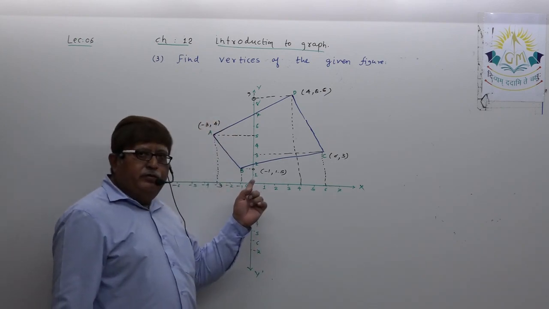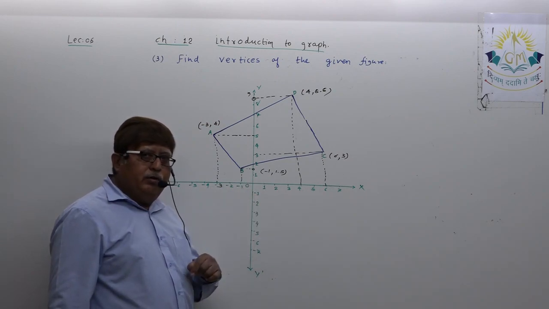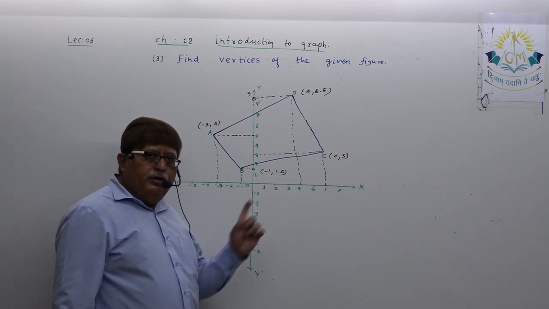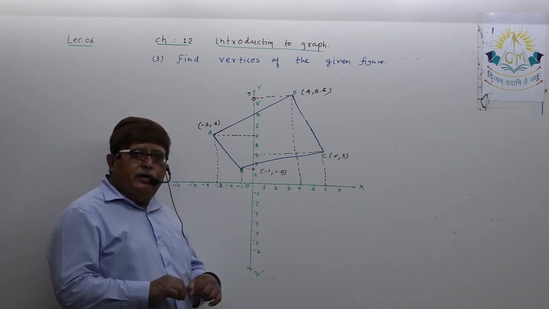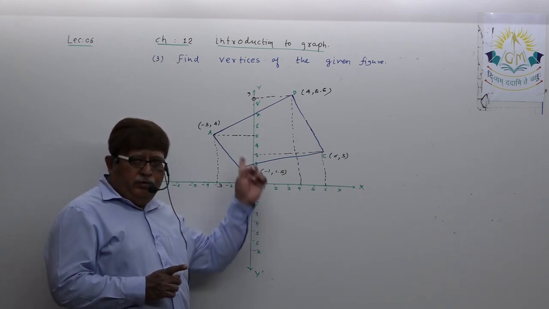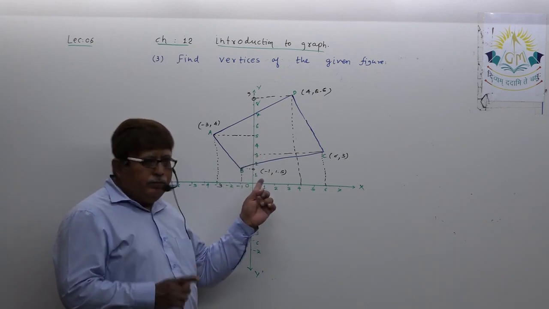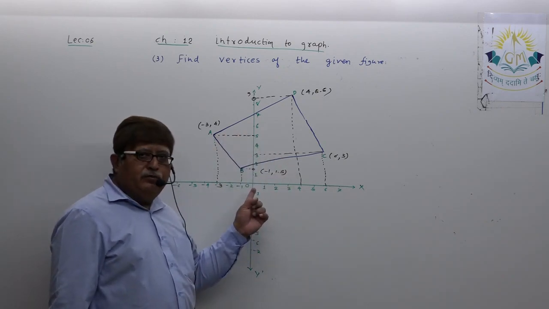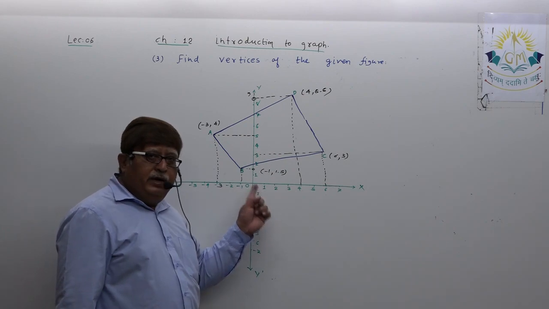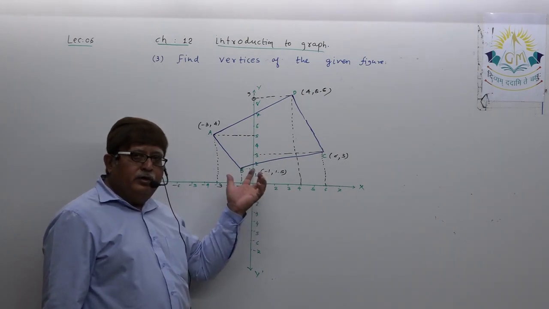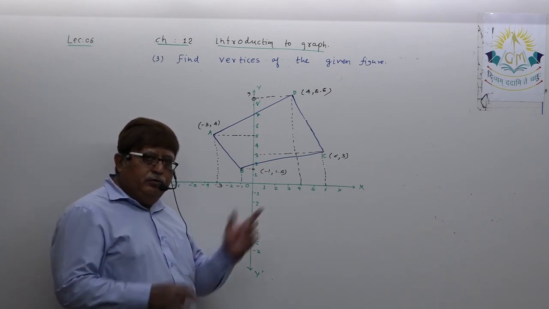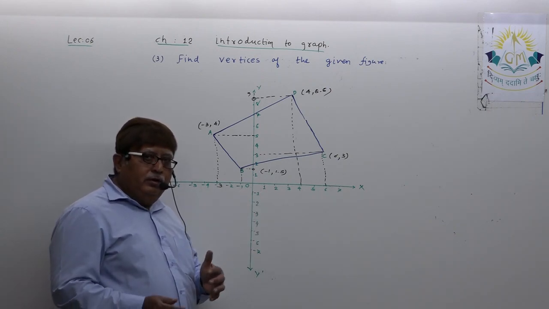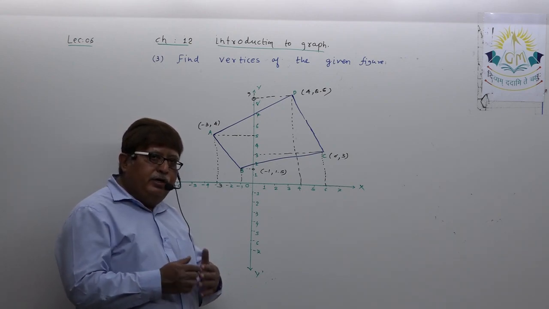This topic cannot be called drawing graph. This topic is called understanding the graph or reading the graph, because the diagram has already been drawn. Just from the diagram you have to guess the coordinates. So this topic can be called not drawing the graph but reading the graph.